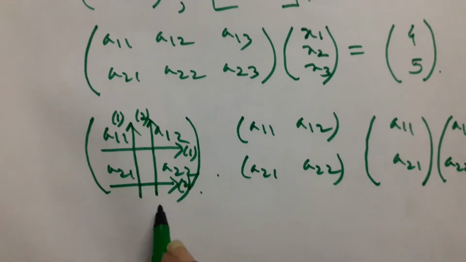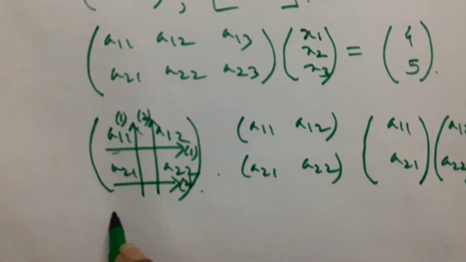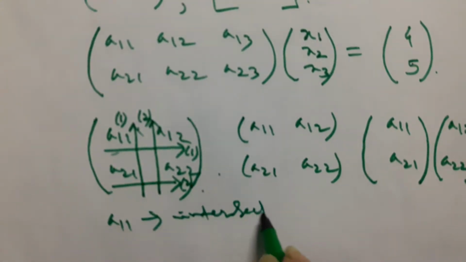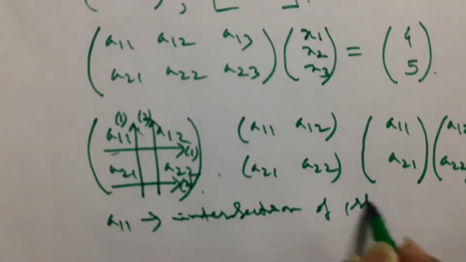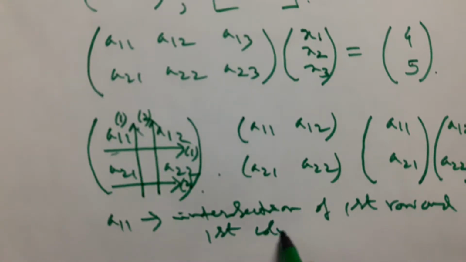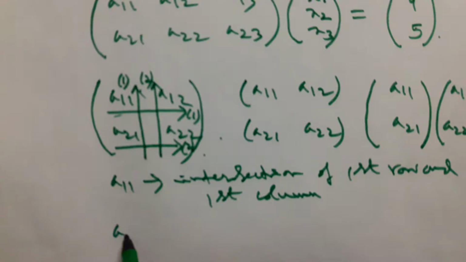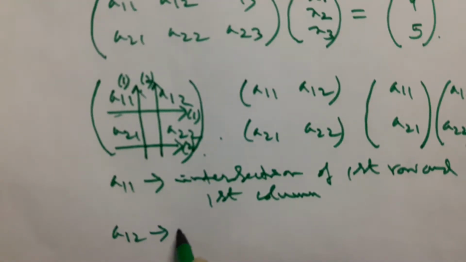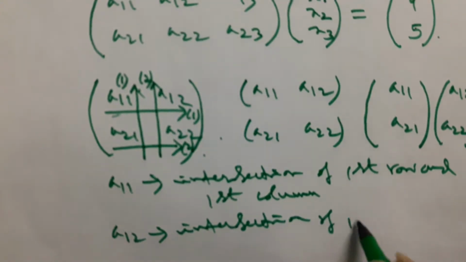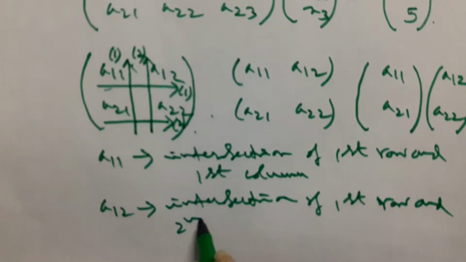So in this way we can represent it, and each row-column intersection is called an element. Like a11, that is the intersection of the first row and first column. A12 is the intersection of the first row and second column.